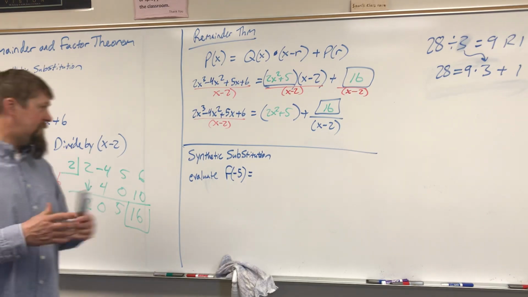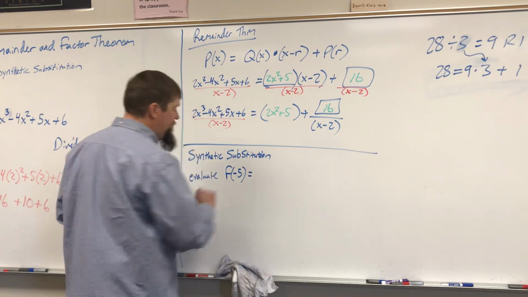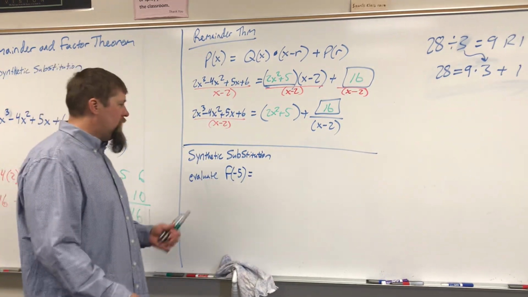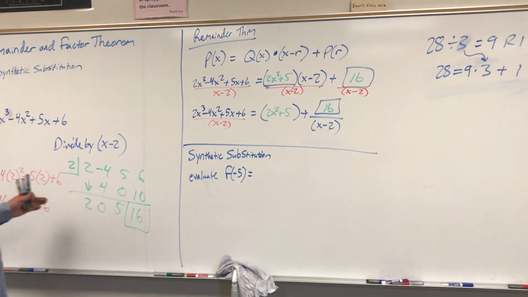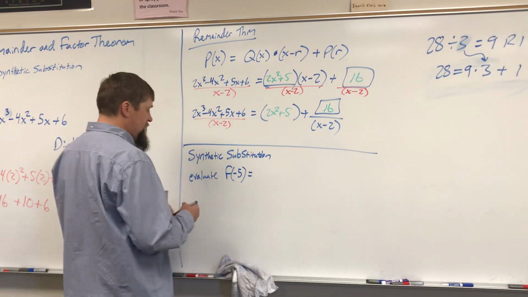So, with that said, let's just use synthetic substitution. If I wanted to evaluate f of negative 5 instead, I wouldn't necessarily plug it in directly like I did over on this side. I could also use synthetic substitution.